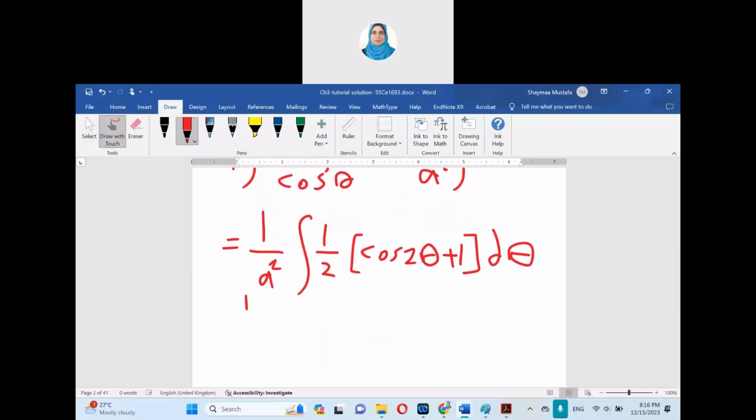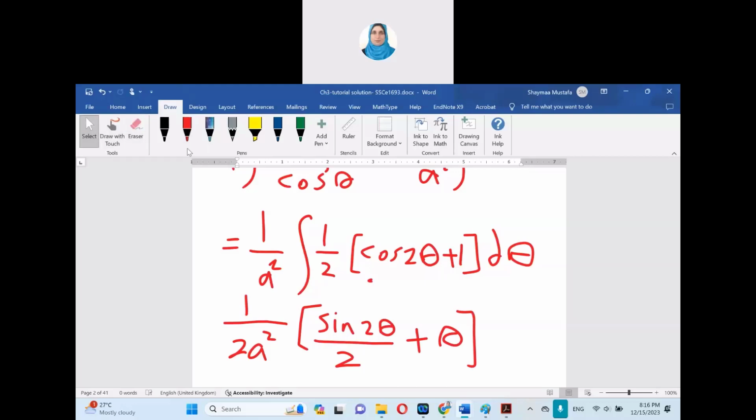So here you have 1 over 2 a square. The integration of cos 2 theta is sine 2 theta divided by 2, plus theta.